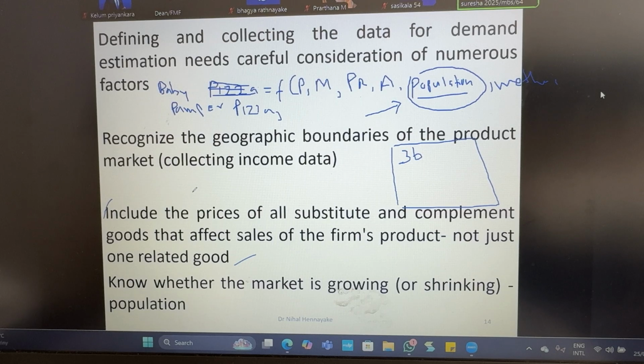Prices of Burger King burgers, KFC burgers, McDonald's. In Sri Lanka, no McDonald's anymore, but those kinds of places, are they affecting you or not?